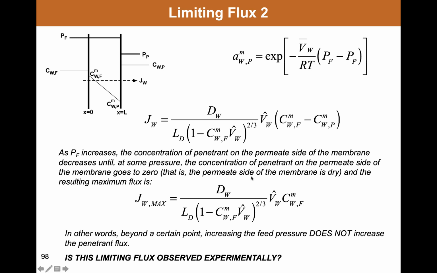And so the maximum value of the flux, or limiting flux, would be when the concentration of penetrant at the downstream side of the membrane is equal to zero, and that value can be obtained as shown here. And so is this observed experimentally?